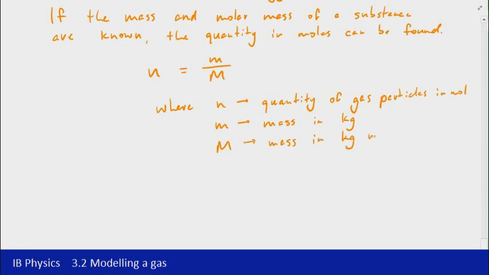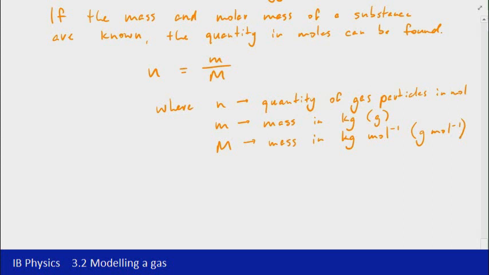Quite often you might come across expressions of molar mass as grams per mole, as I jotted down above. If your mass is measured in grams, then the molar mass would need to be in grams per mole. So that's one of the reasons why you can just work with the ratios.